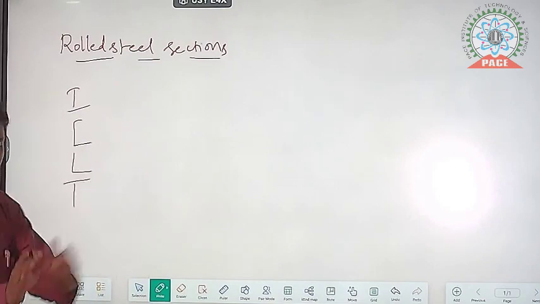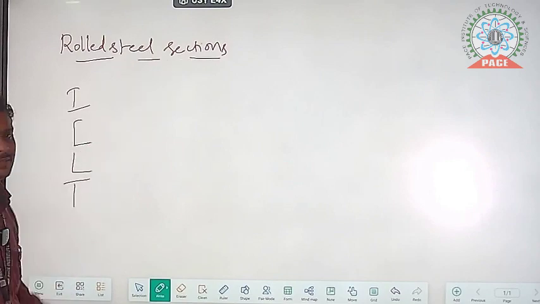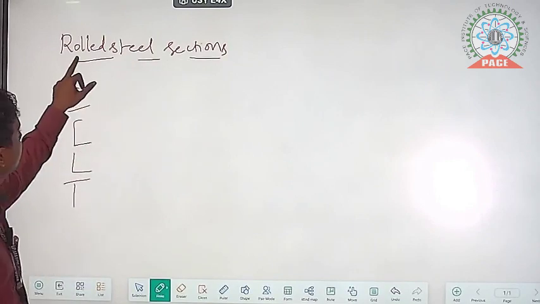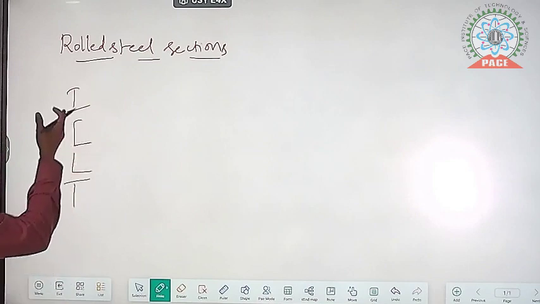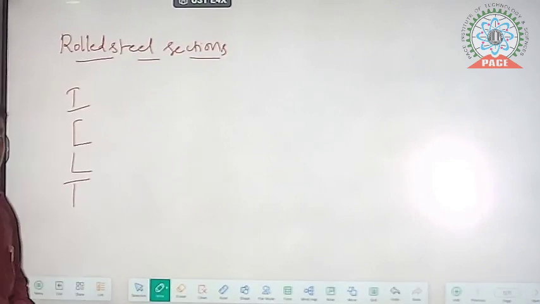So rolled steel sections means we have different sections already available. In these different sections there are also some small sizes and some larger sizes, so different properties of I sections are available.